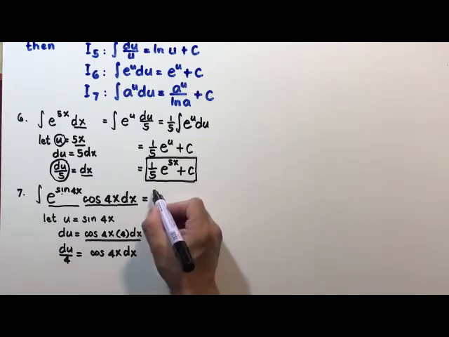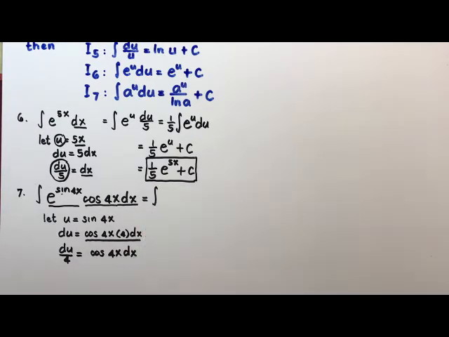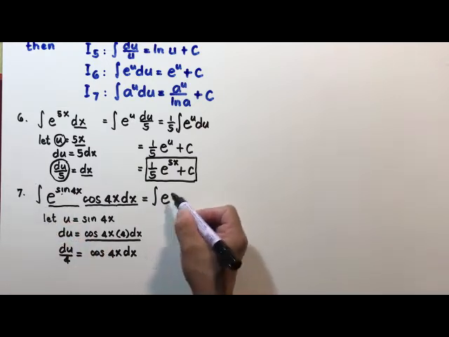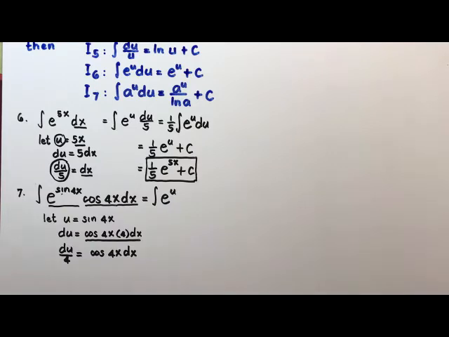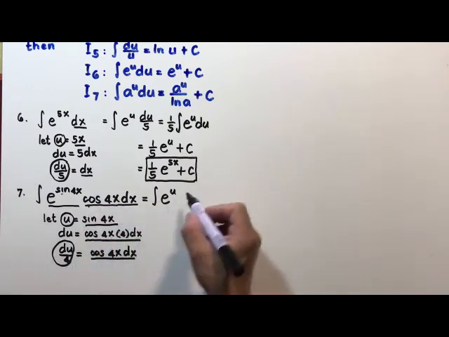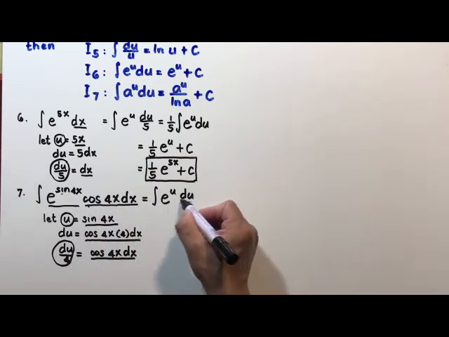So by substitution, I can rewrite the exponent of e as u, which means that instead of writing sine 4x, I will write its equivalent expression, which is our u. So e to the power u times the cosine 4x dx, which we have here, is equal to du over 4. So instead of writing that, I will write du over 4.